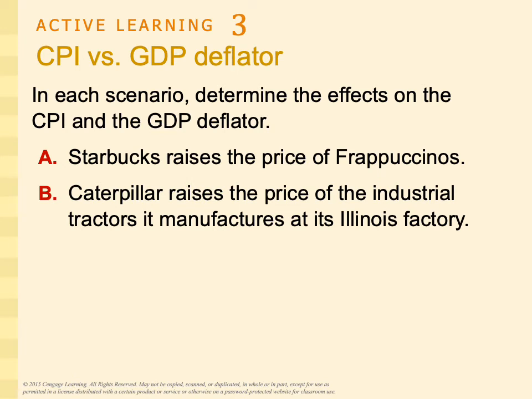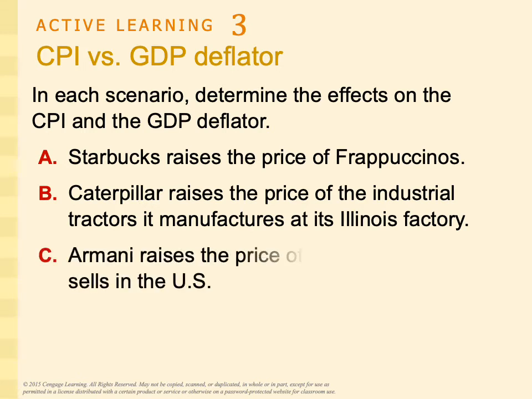Scenario B, Caterpillar, which is a manufacturer of bulldozers and those sorts of things, raises the price of the industrial tractors it manufactures at its Illinois factory. And C, Armani raises the price of the Italian jeans it sells in the U.S. Okay, so think about the effects on CPI and the effects on the GDP deflator.